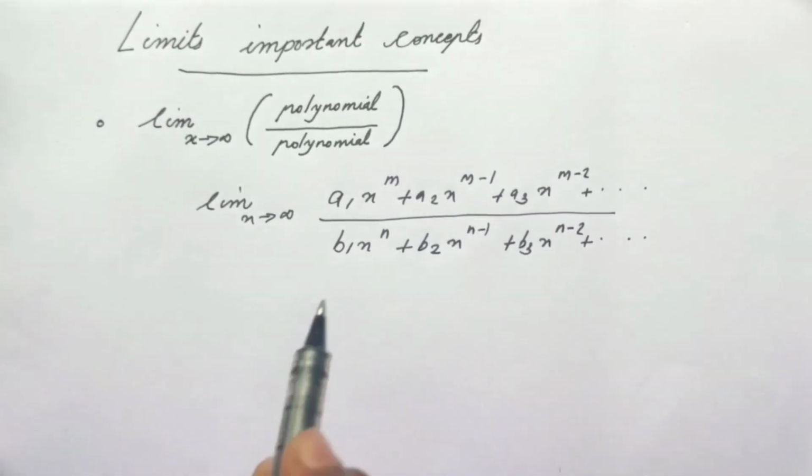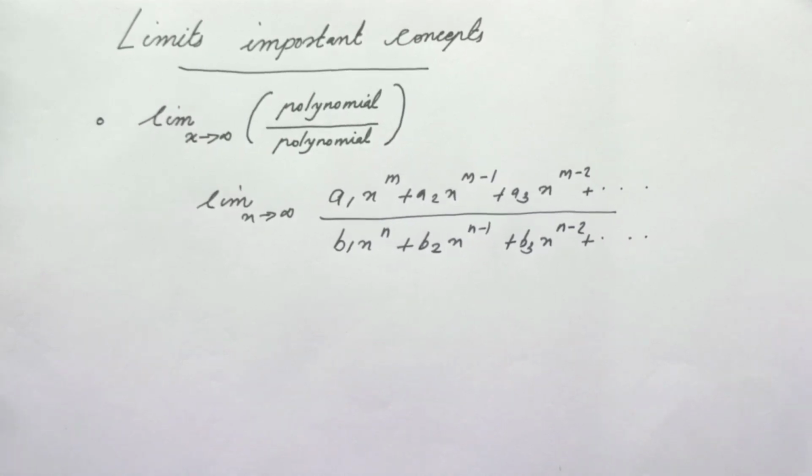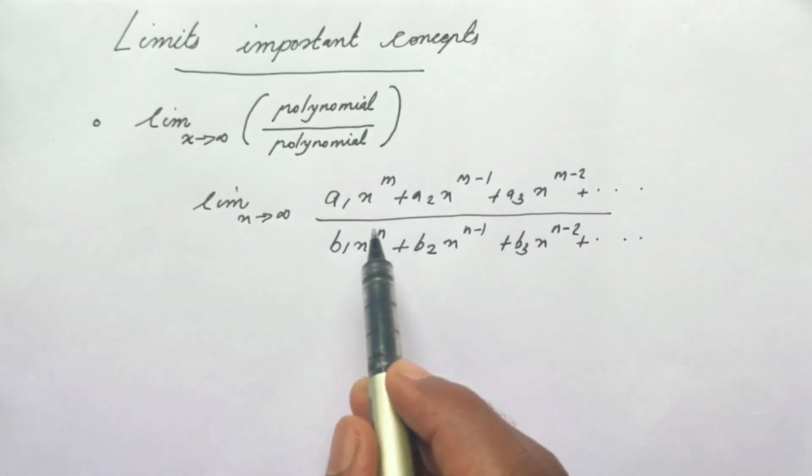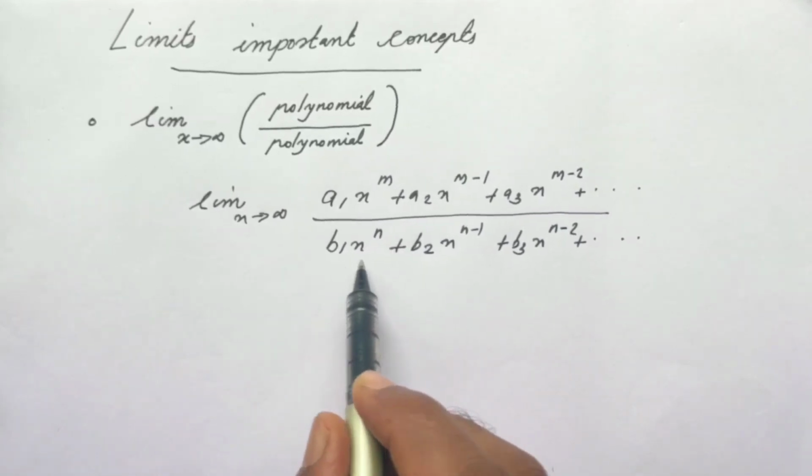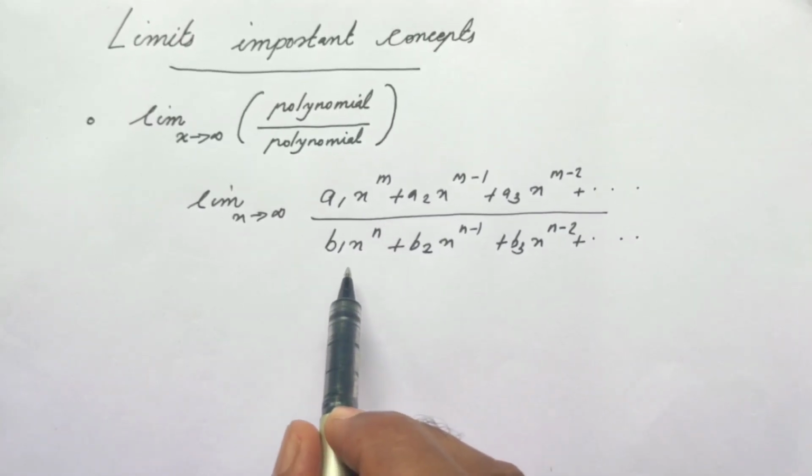If we have a question like this in our exam, the numerator polynomial can be of any form and the order is m, and the denominator polynomial can be of any form and the order is n.